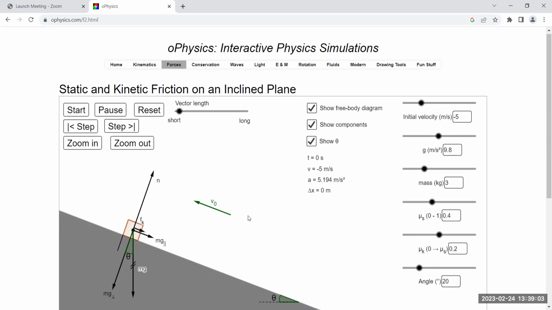But from that, since we know that kinematics equation, we can find a velocity. Well, if we know a velocity, and we know a time, and we know an acceleration, then we go to our position function, our range function, that says x equals x naught plus v naught t plus 1/2 a t squared.